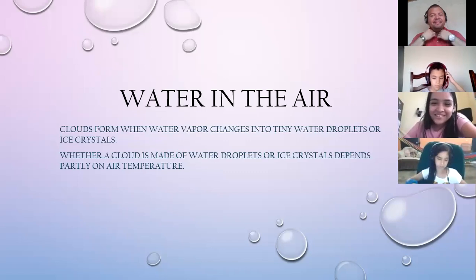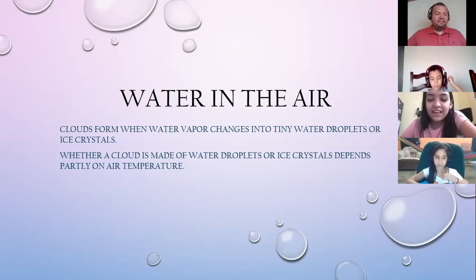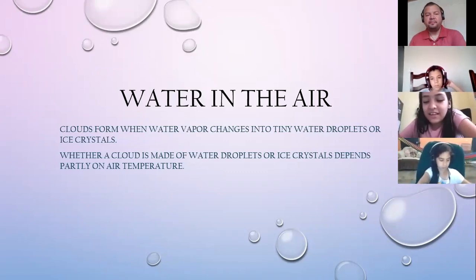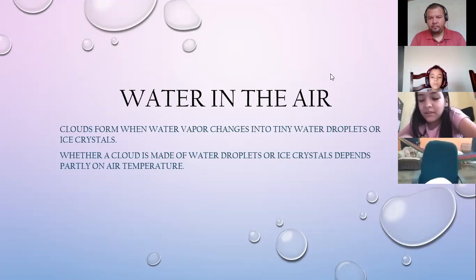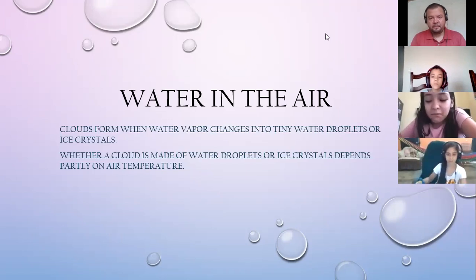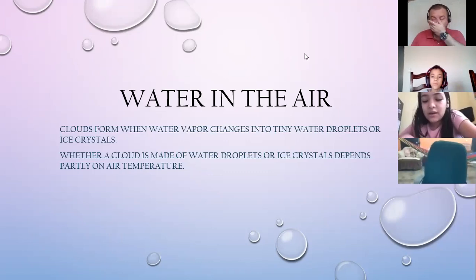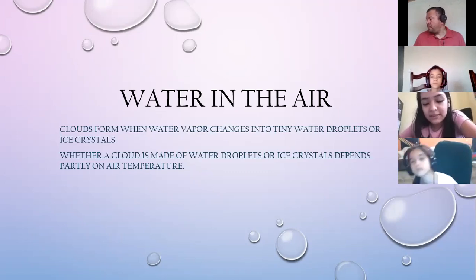Hail formation. Sometimes strong winds blow upward through a thunderstorm cloud. These winds blow raindrops back up into the freezing air at the top of the cloud. This creates a small piece of ice.